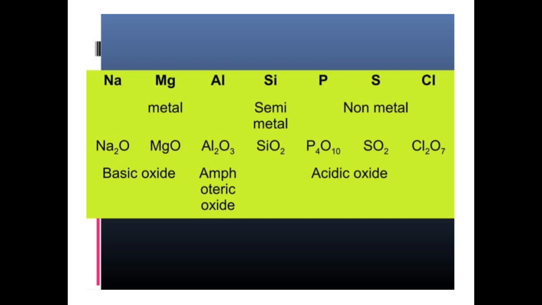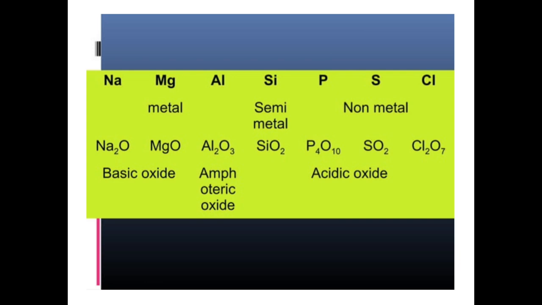And then the interesting part of the oxides is that as you are moving across period 3 from left to right, you have basic oxides for sodium and magnesium. Aluminum is able to form an amphoteric oxide. The implication is that this oxide can react with both acid and base.